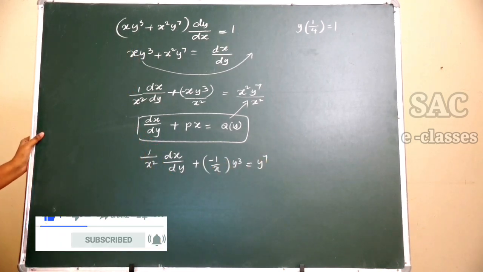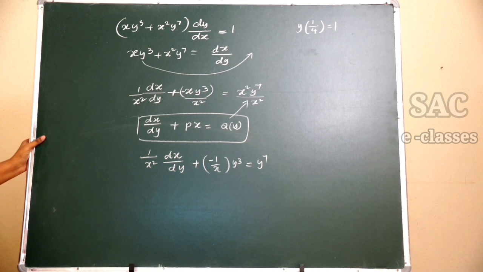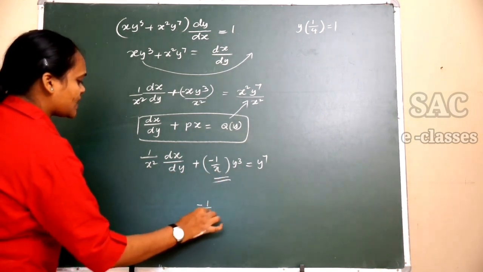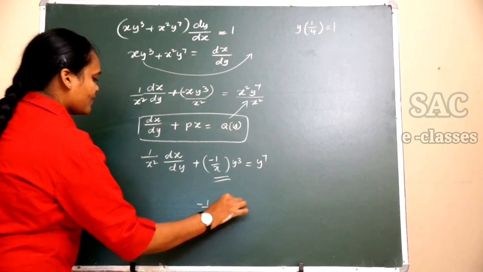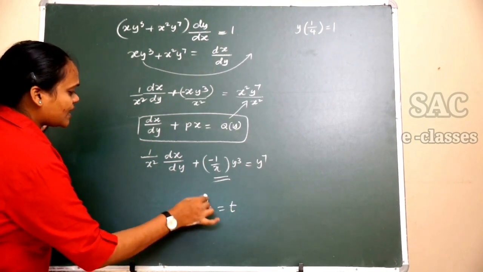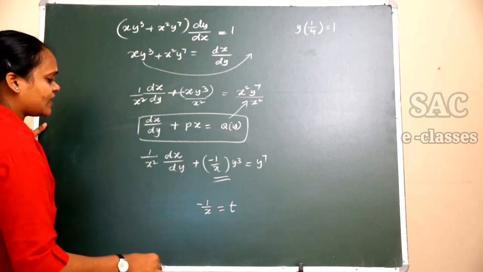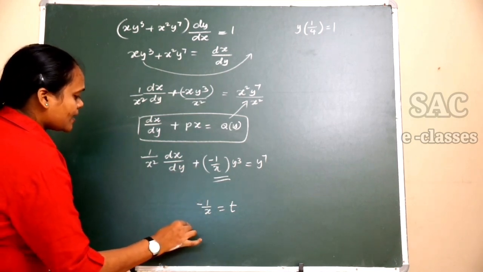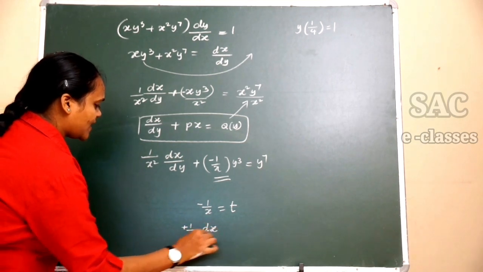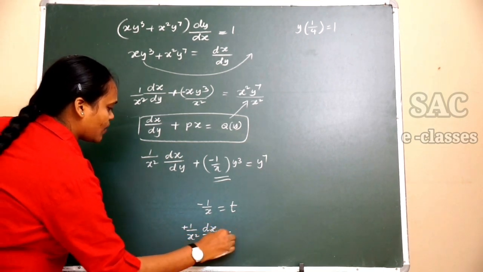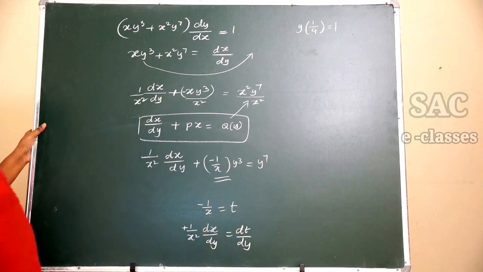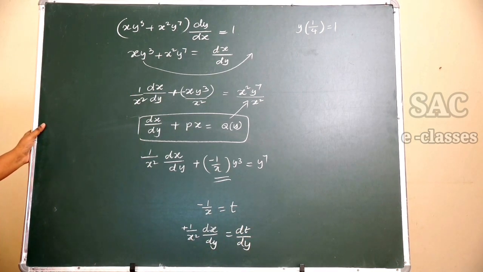To make it into the desirable form, let me assume this minus 1 by x is some variable t. Clearly minus 1 by x, if differentiated with respect to y, is plus 1 by x square dx by dy, which is equal to dt by dy. I have differentiated with respect to y both sides.